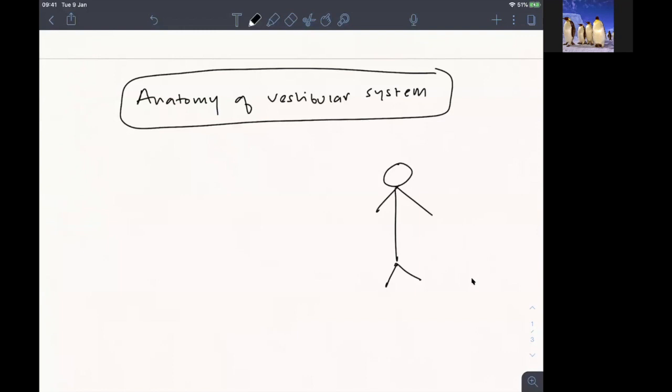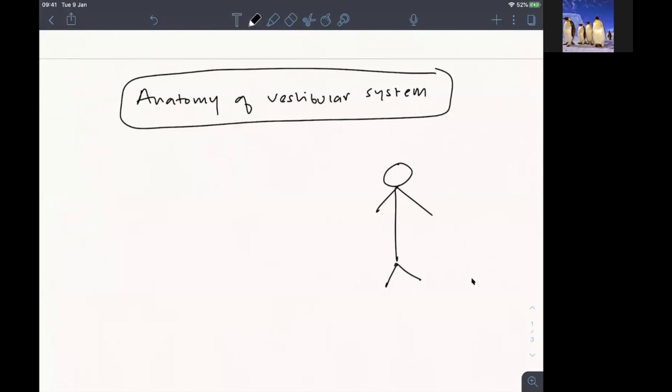So this is the fundamental need of the organism, that you need to know whether you are upright, are you upside down, and how quickly are you moving, are you accelerating or are you slowing down. This entire information is given to the brain by the vestibular system.